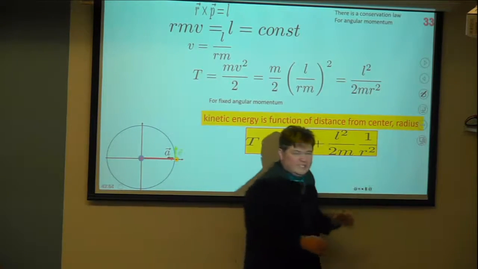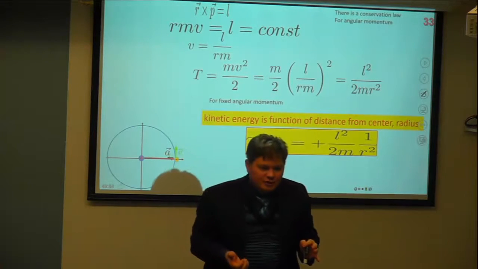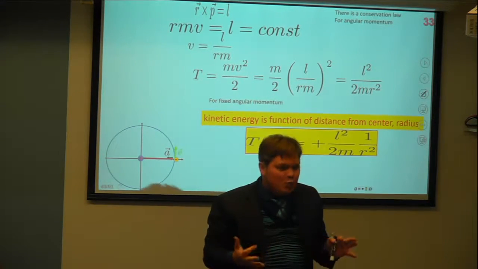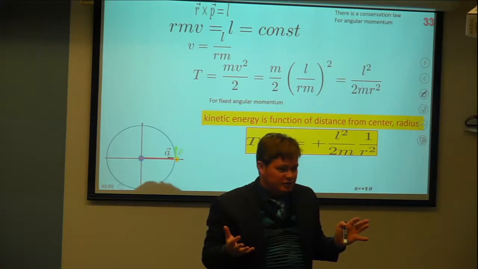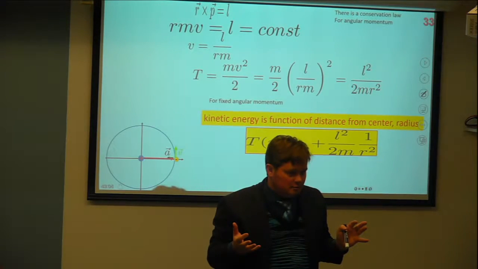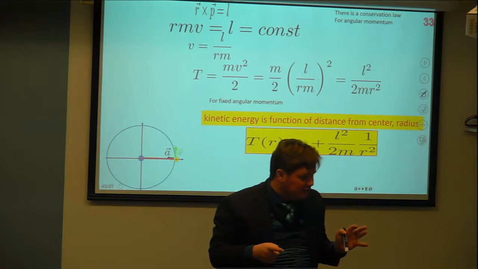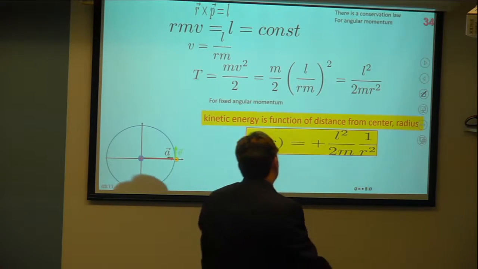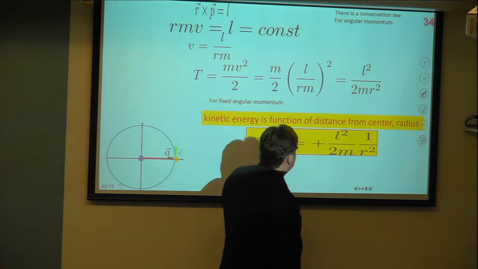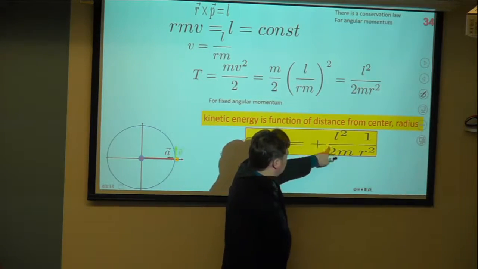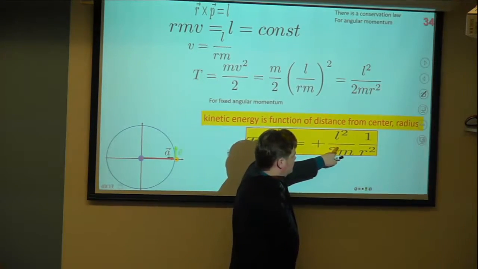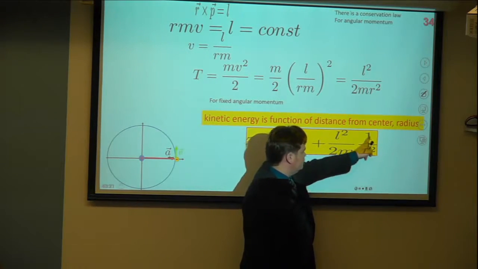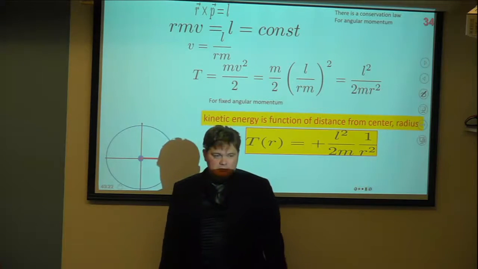Okay? So it is kinetic energy, but we can consider it in the same way as we typically consider potential energy, as a function of distance. Not velocity, but distance. So we put this factor outside, it's constant, and then kinetic energy as a function of distance is 1 over r squared. Right?